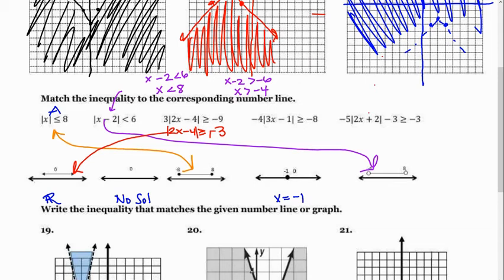Let's pick a color I haven't done yet. I'm going to divide both sides by -4. So 3x minus 1, I'm going to switch this, less than or equal to 2. I switched it because -8 divided by -4 is 2. So now I have 3x minus 1 less than or equal to 2. 3x is less than or equal to, I'm going to add 1, 3, and x less than or equal to 1.